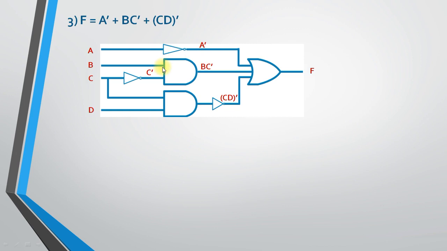The second is called B, C dash, AND gate is there, so BC dash. Again I have taken over here C and D. So CD is over here. Again NOT gate is there. So CD whole dash is there. Now these 3 inputs go inside OR gate. So A dash plus BC dash plus CD whole dash.